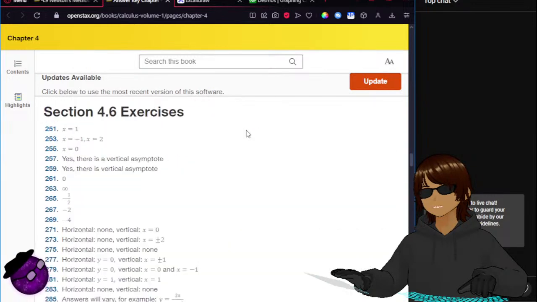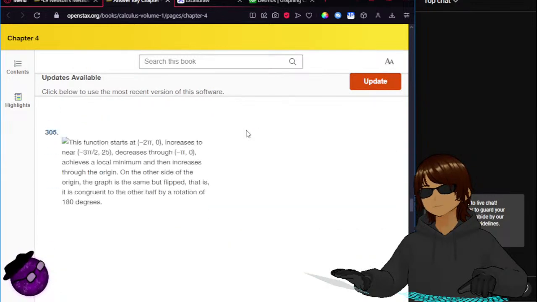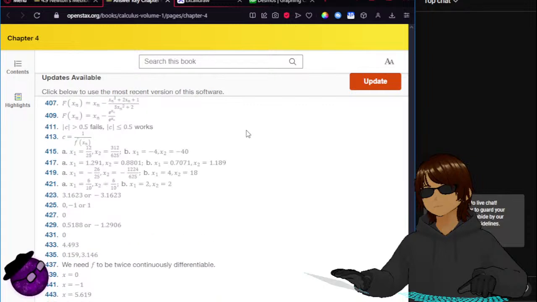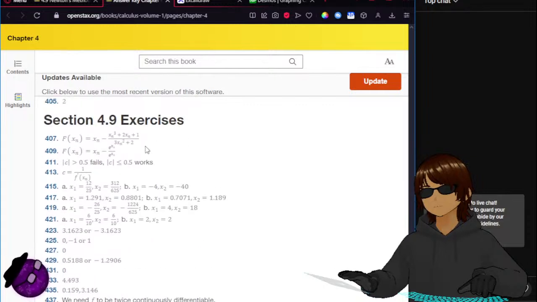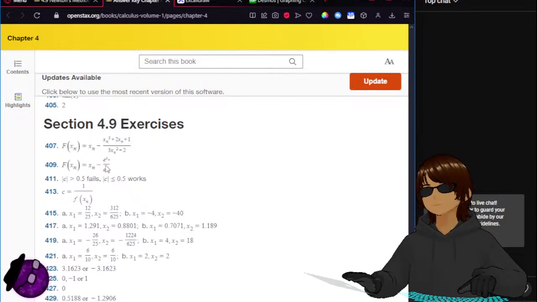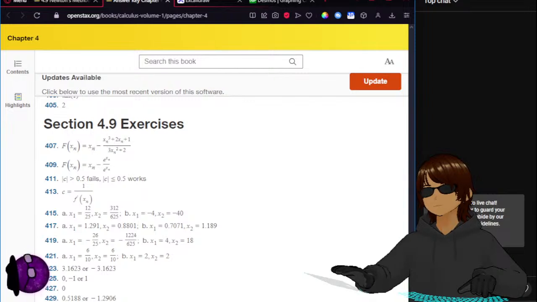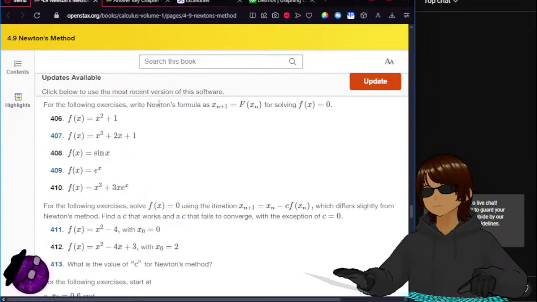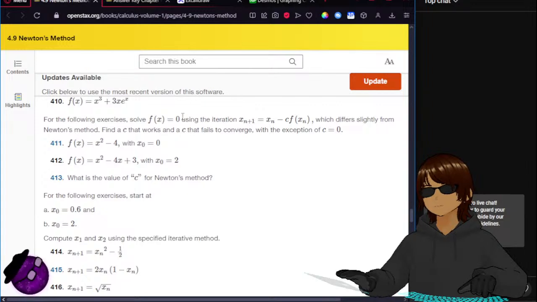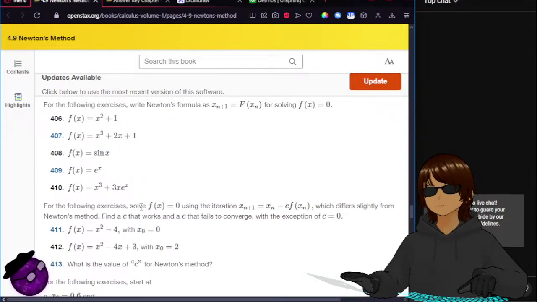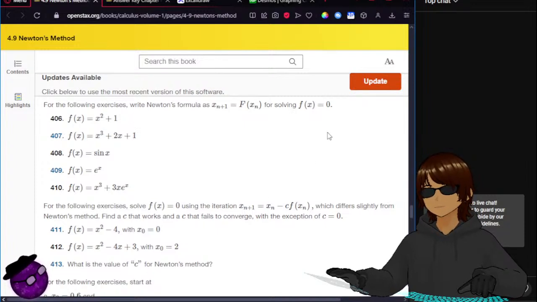Mm, 407. Then when these cancel out and become 1, solve using the iteration which differs slightly from Newton's method.